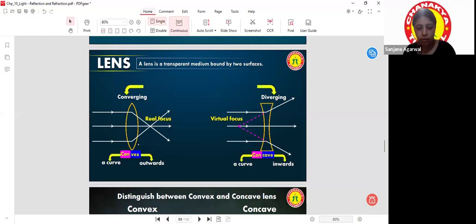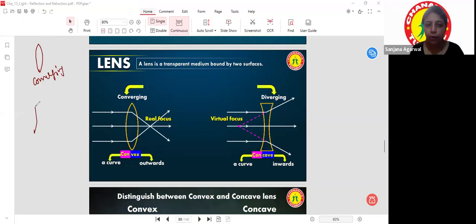Okay. Again, like mirrors, we have lenses, converging and diverging lens. So very simply, if we keep two convex surfaces together made up of glass, this is a solid complete material, it gives us the converging lens. Two convex surfaces join to form a converging lens.